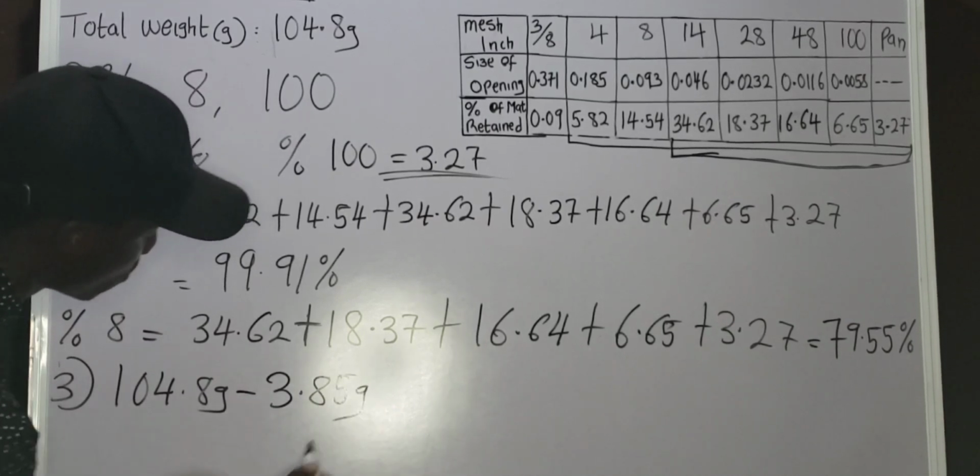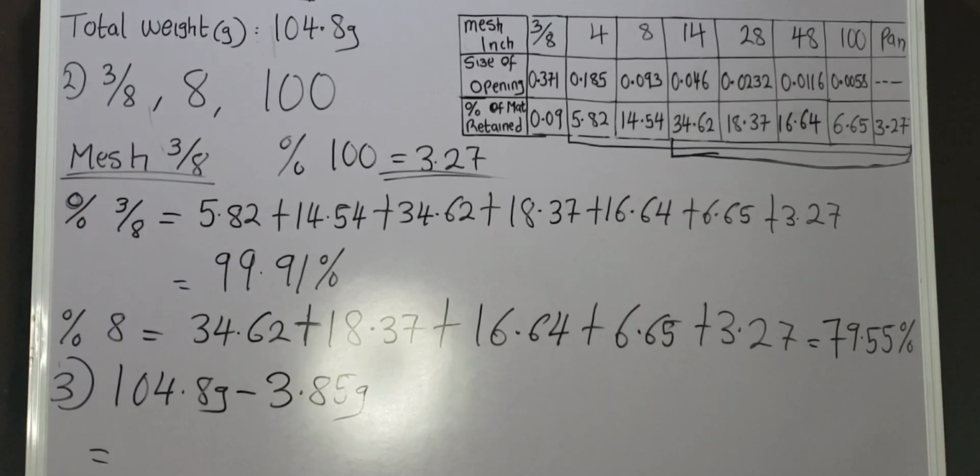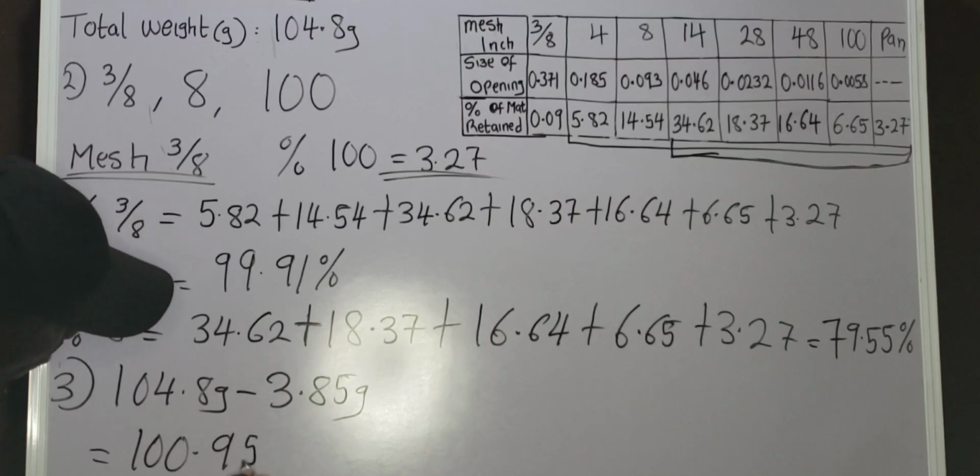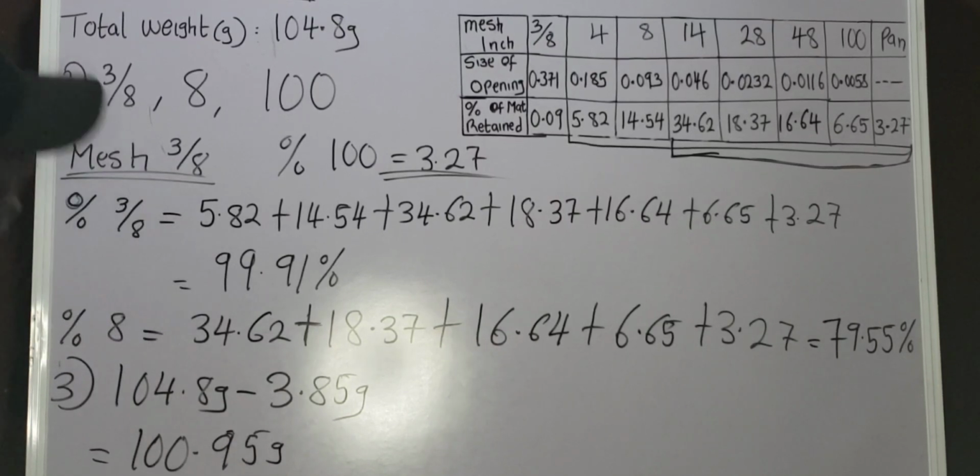If you punch your calculator, you are going to get 100.95 grams. So this is the amount of materials that we are going to use to conduct further analysis.